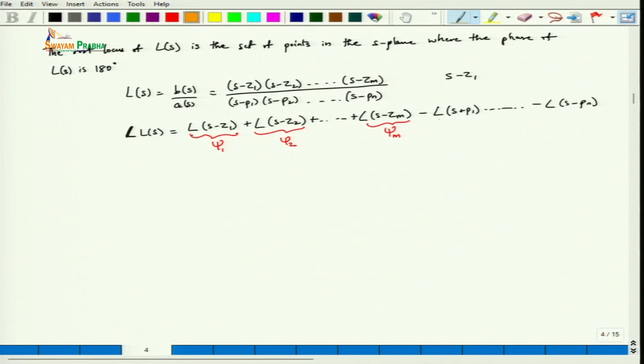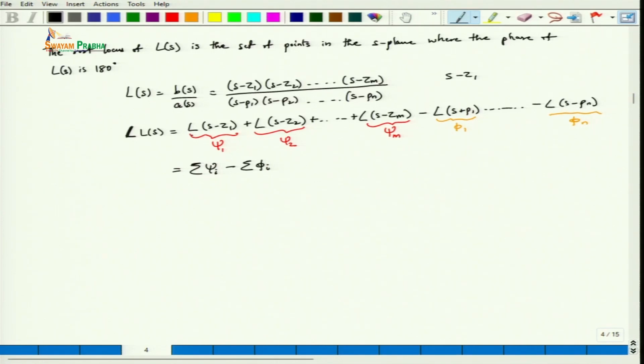Similarly, when we have the poles, we consider some phase phi 1, phi 2 all the way up to phi n. So basically for poles we have phi i. So if we now insert this into this formula, we will get summation of all psi i minus summation of all phi i. So this represents the phase of L of S.